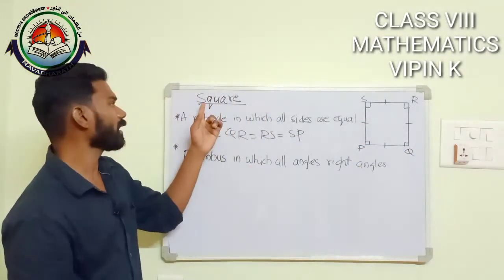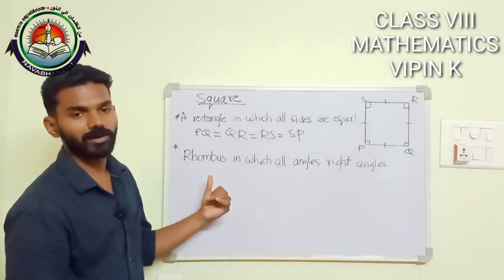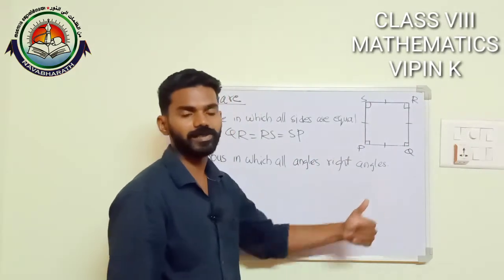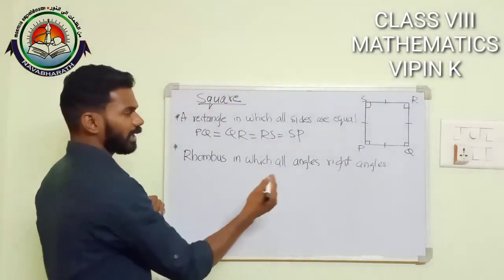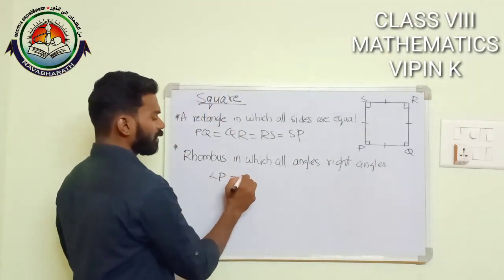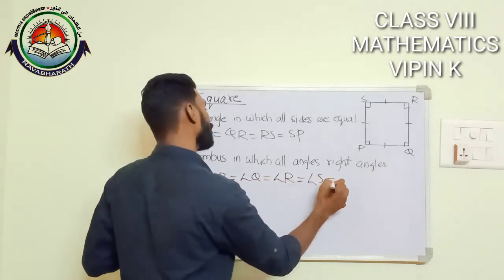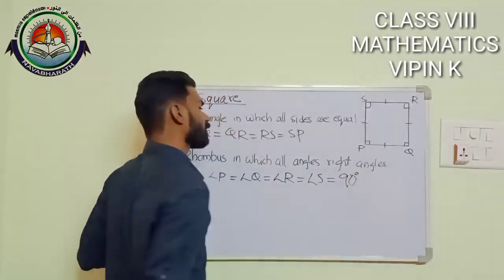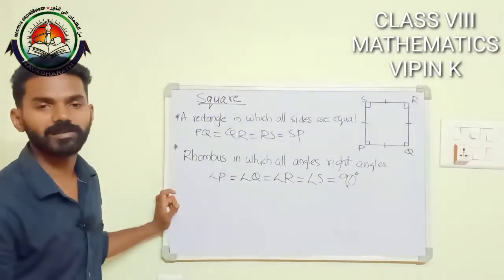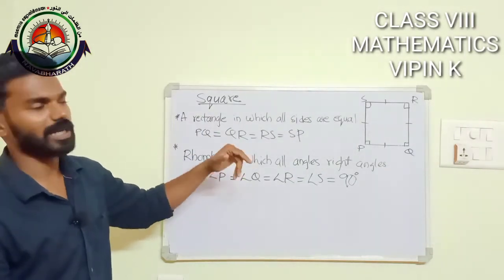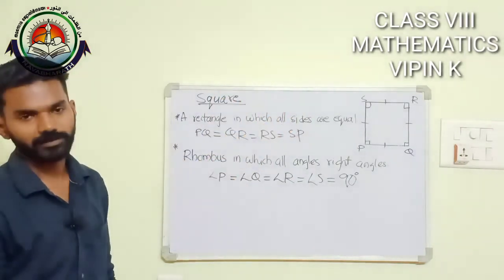So we can define a square as a rhombus in which all the angles are right angles. Clear? Angle P, angle Q, angle R and angle S are right angles, which means each of them is 90 degrees. This is the important speciality of a square.